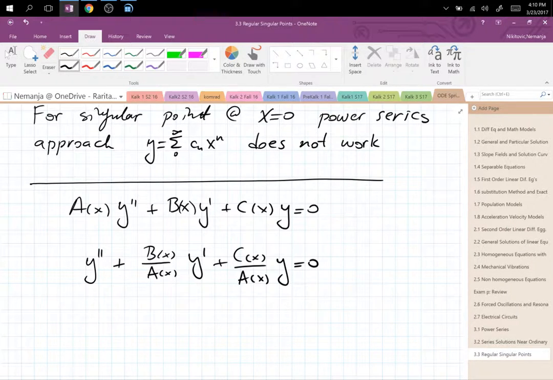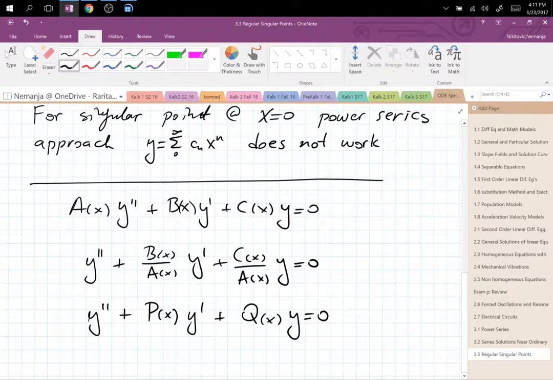And then we do our classifications. So y double prime plus p(x) y prime plus q(x) y equals 0.